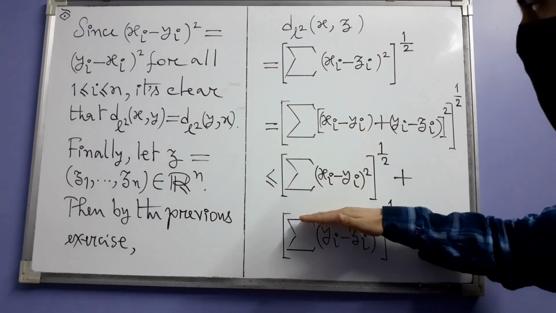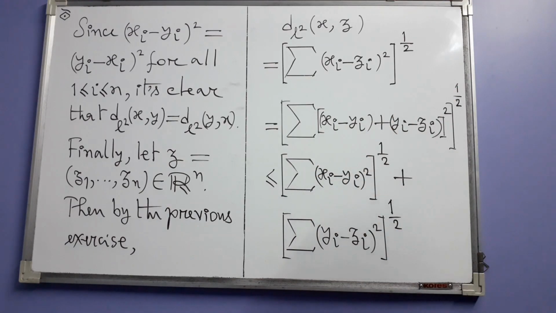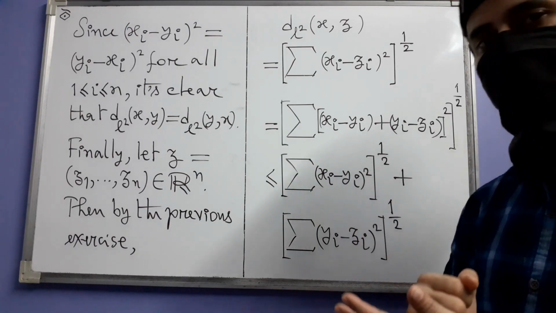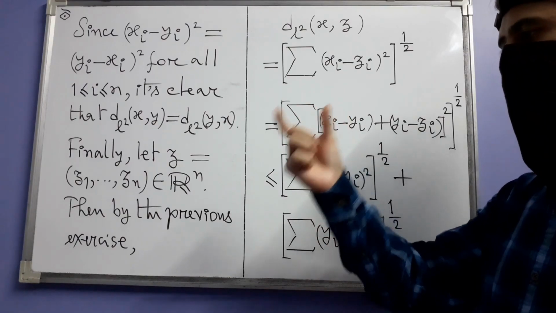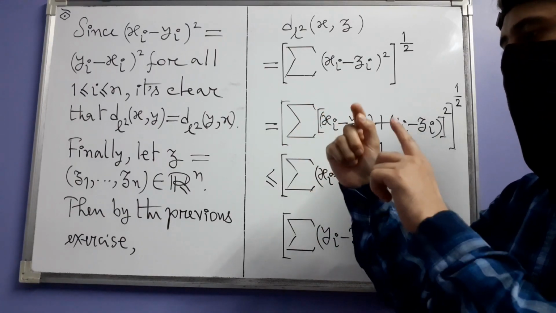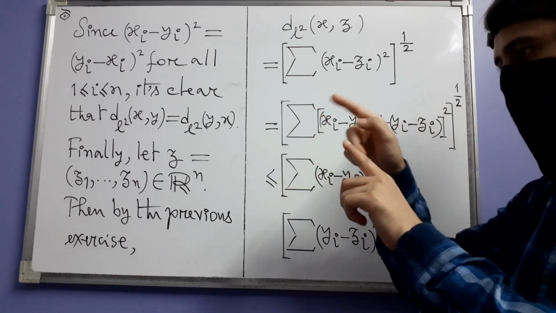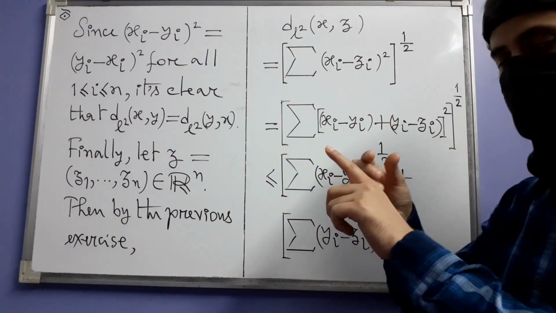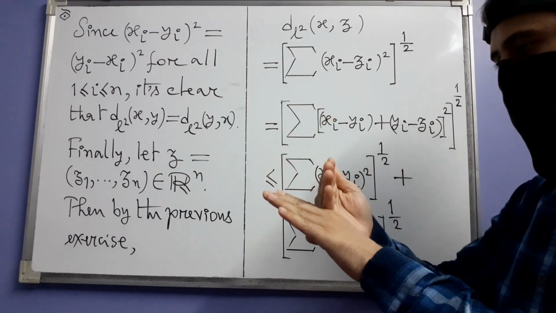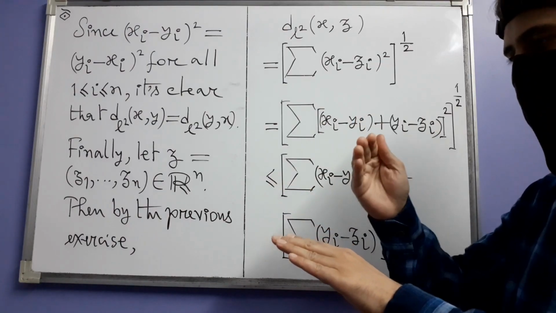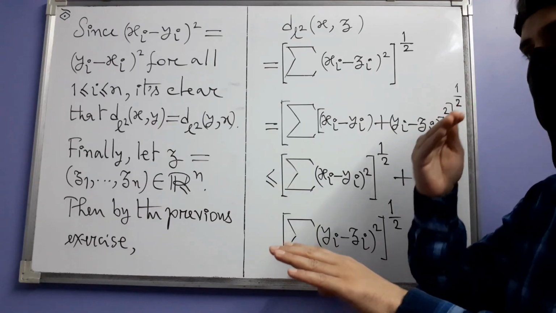And then in the next step we use that triangle inequality from the previous exercise. Let us recall what that inequality was. Its structure was like this: square root of summation (ai plus bi) whole square, okay, plus, not minus, is less than or equal to square root of summation ai square plus square root of summation bi square.